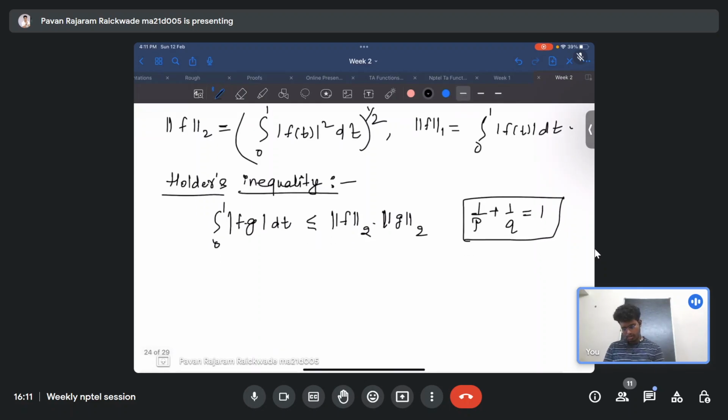So if I take 1 norm, modulus of f(t), I can write here a constant 1. Now, a constant 1 means I'm treating g to be a constant 1 function.